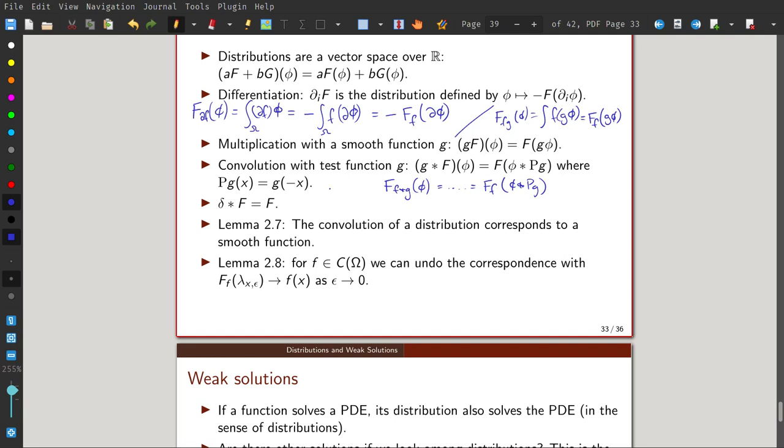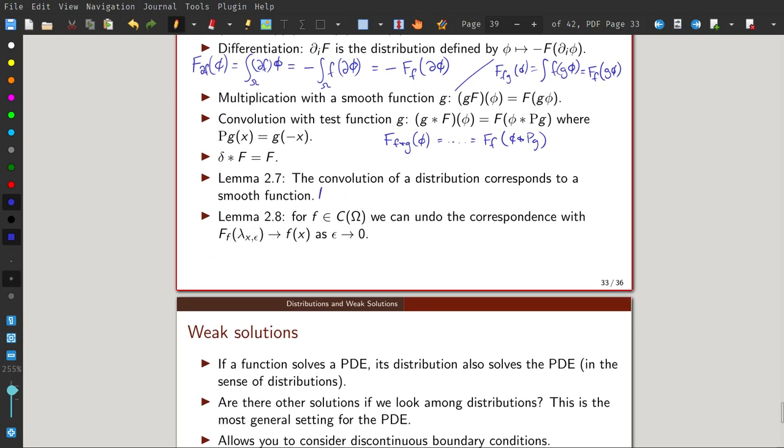What we have is this very nice lemma 2.7: the convolution of a distribution and a test function, even if it's a distribution that does not come from a function, after you convolve it with a smooth test function does come from a smooth function. Okay, so what do I mean by that?